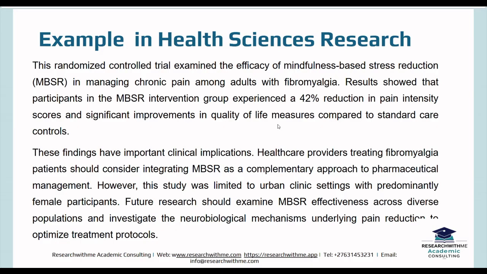Now, you can always see that after stating the focus of the work, the next thing is what the result is able to do. The results show that participants in the MBSR intervention group experienced a 42% reduction in pain intensity. So you see, the next paragraph talks about how these findings have important clinical implications.